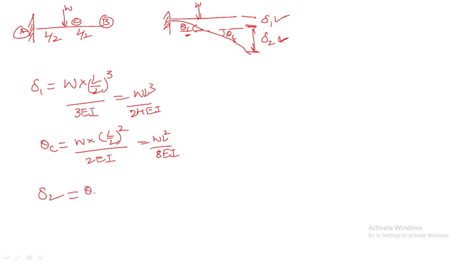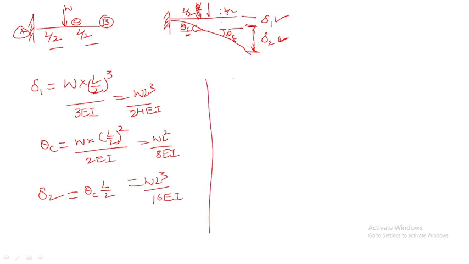This portion is L by 2, this portion is L by 2. So delta C, with L by 2, we can write as WL cube divided by 16 EI.